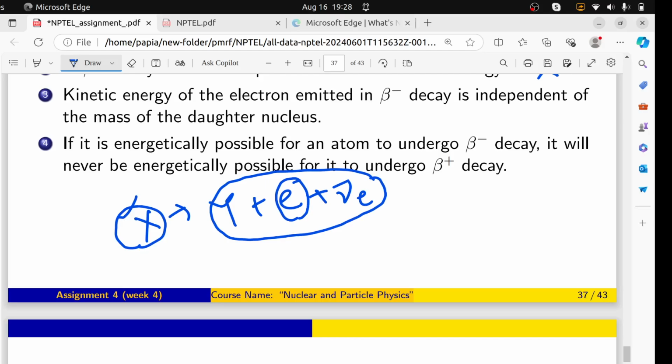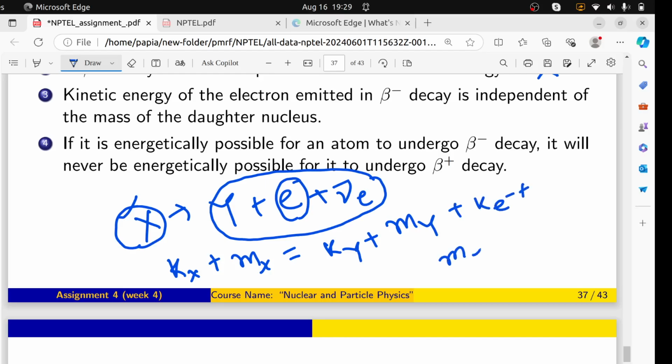So kinetic energy of X plus rest mass of X should be equal to kinetic energy of Y plus rest mass of Y plus kinetic energy of E minus plus rest mass of E minus plus kinetic energy of nu E bar plus mass of nu E bar.